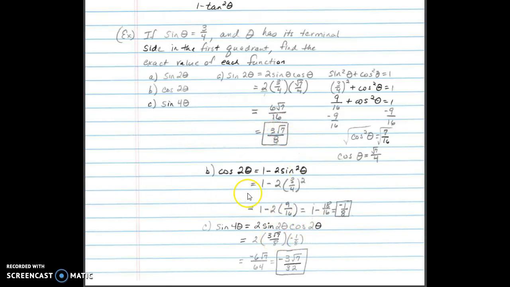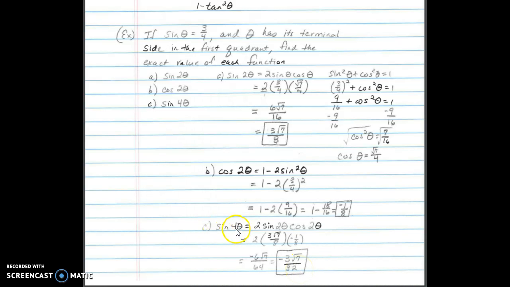Cosine of 2 theta we did on example B, so -1/8, you'll just plug in right there. And then you'll multiply numerators across, so this is 2 over 1. 2 times 3 times a -1 would be a -6 radical 7. And then there's just 1 in the denominator here. 1 times 8 is 64. And then the 6 and the 64 are divisible by 2. So that would give us a -3 radical 7 over 32.